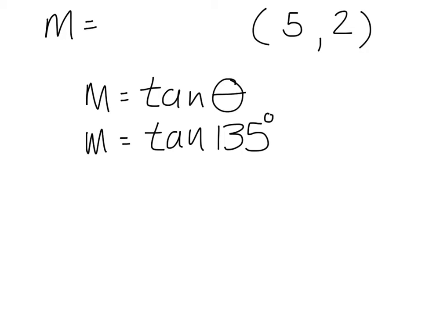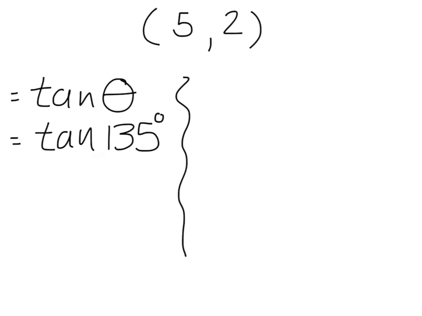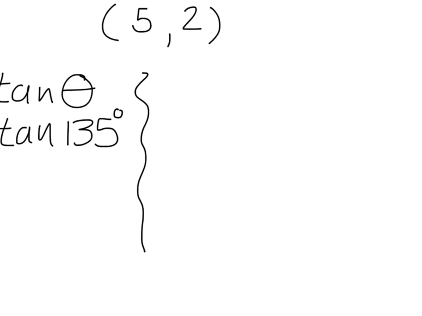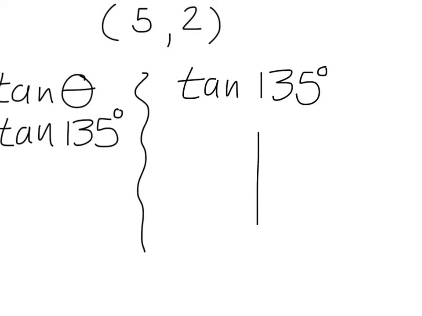To do that, we'll separate this off with a wee bit of working at the side and give ourselves a bit of room. First of all, if we don't have a calculator, we can still work out tan 135 using our CAST diagram. Putting the quadrants in, all, sin, tan, cos.